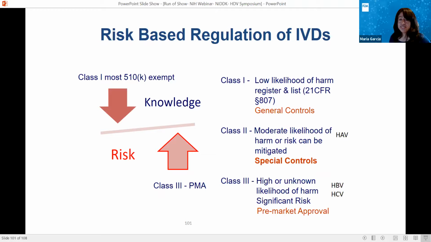Reclassification of hepatitis C from class 3 to class 2 is in the works, but has not been finalized. And hepatitis delta may be class 3 or potentially class 2 if sufficient knowledge exists to develop special controls. So next slide, please.